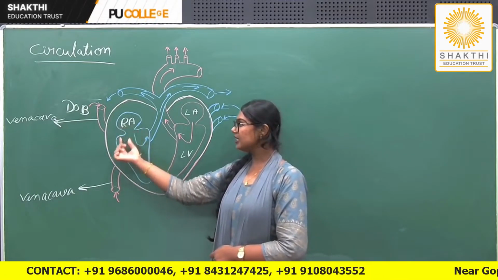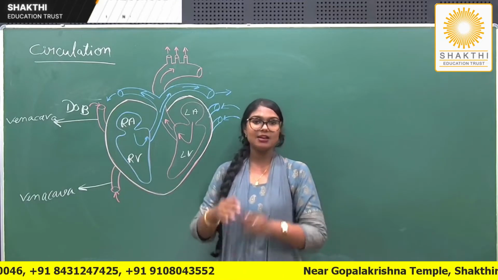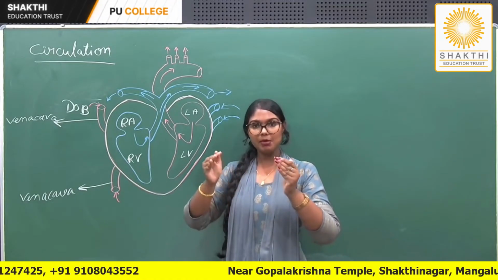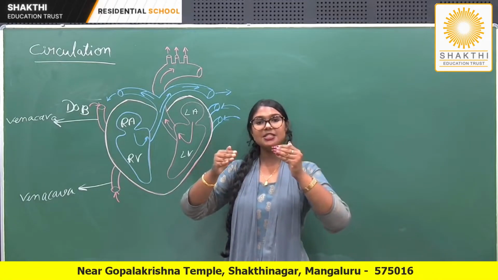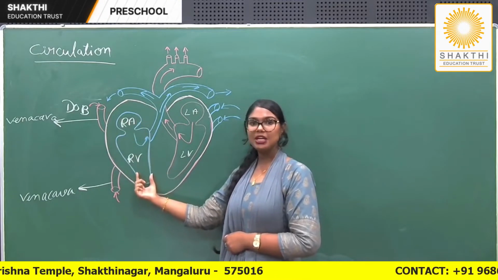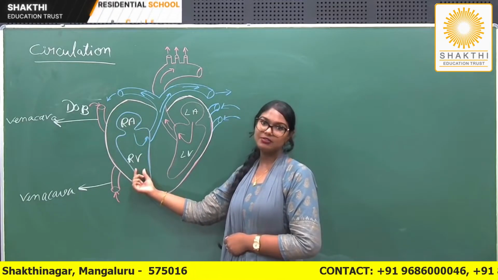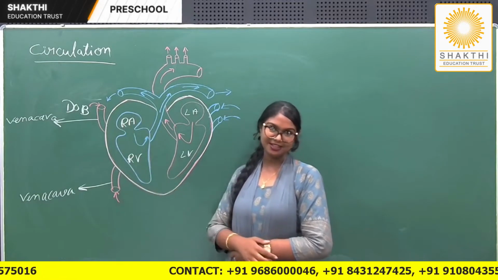From the right atrium, the DOB goes to the right ventricle. That is, first there will be filling up of the atrium. The atrium is going to expand, and then once it is filled, it will contract. When it contracts, the DOB is pushed into the ventricle. From the atrium, the blood is pushed into the ventricle.